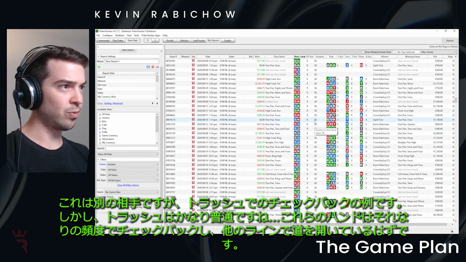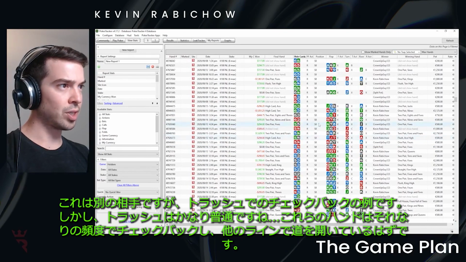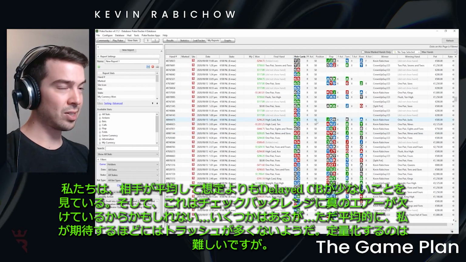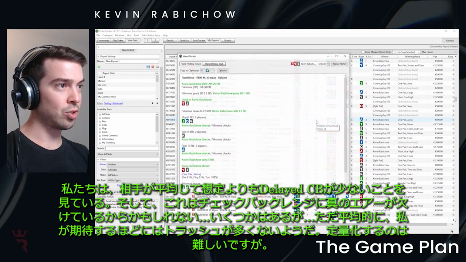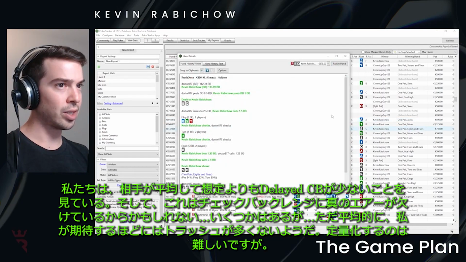But trash is fairly common, right? These hands should be checking behind at a reasonable frequency and finding their way into other lines. We saw that our opponents were delayed c-betting less than they're supposed to on average, and this could also be because that check back range is lacking some of that true air.